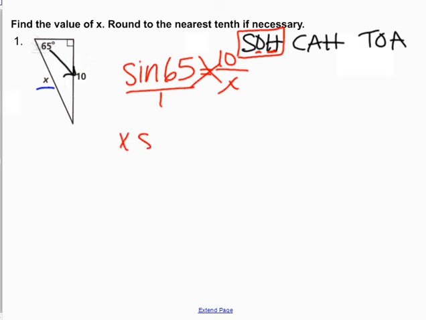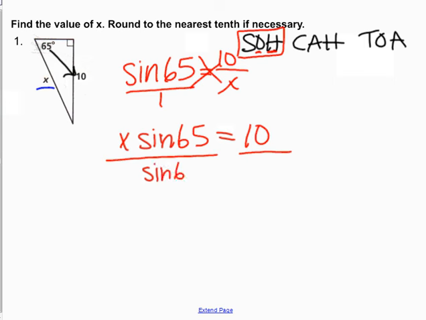X times the sine of 65 equals 10. All right. I need to get x alone. And sine of 65 is a number. I'm going to divide this out. So then I end up with x equals 10 divided by the sine of 65.